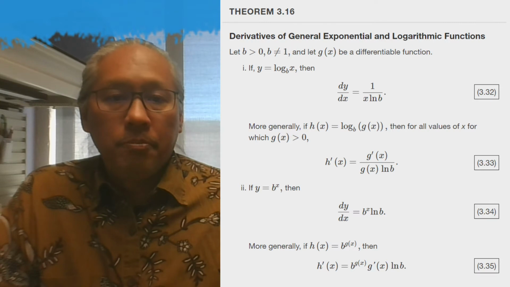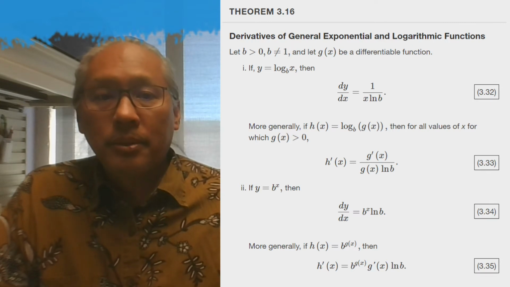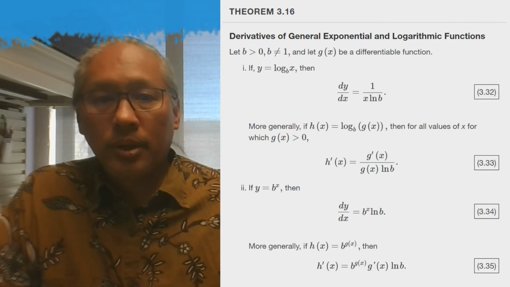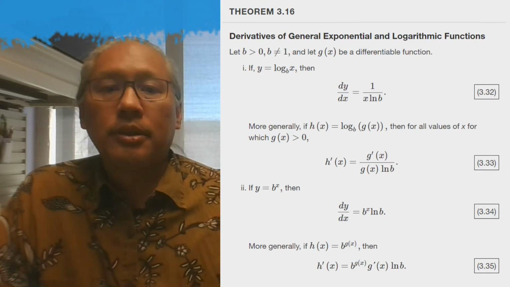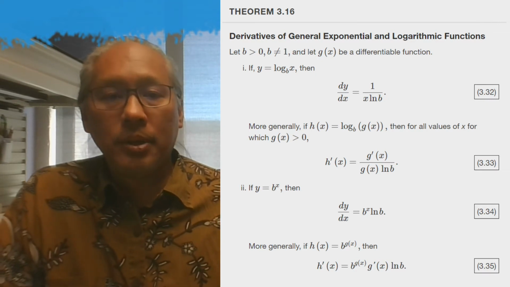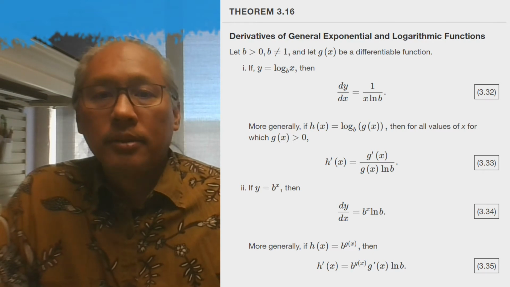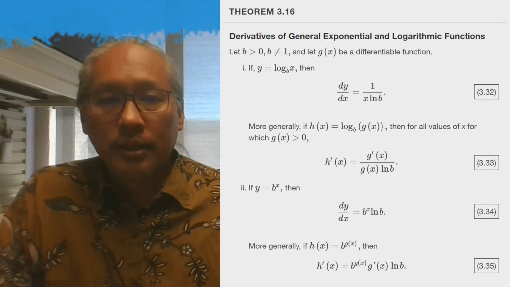And if b was equal to e, that special number, we know that ln of e is equal to 1, so that's just going to be 1. But anything else, like 2, the derivative of 2 to the x is going to be 2 to the x times ln of 2.